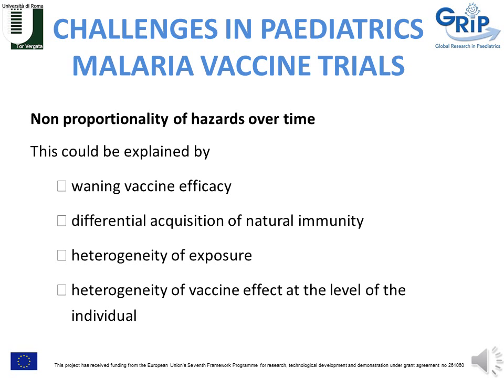It could also be explained by waning vaccine efficacy, the differential acquisition of natural immunity, heterogeneity of exposure because of the different transmission intensity between sites, and also heterogeneity of the vaccine effect at the level of the individual.